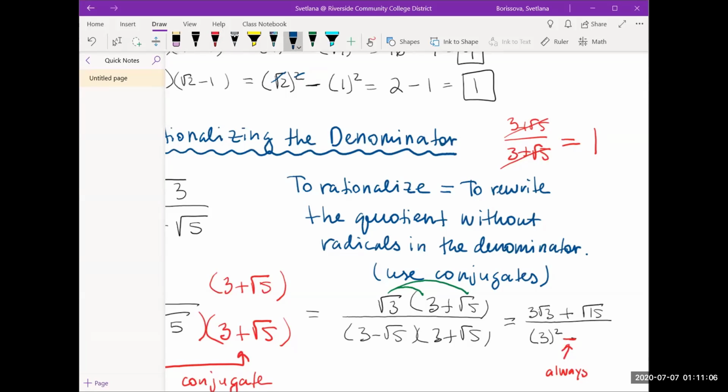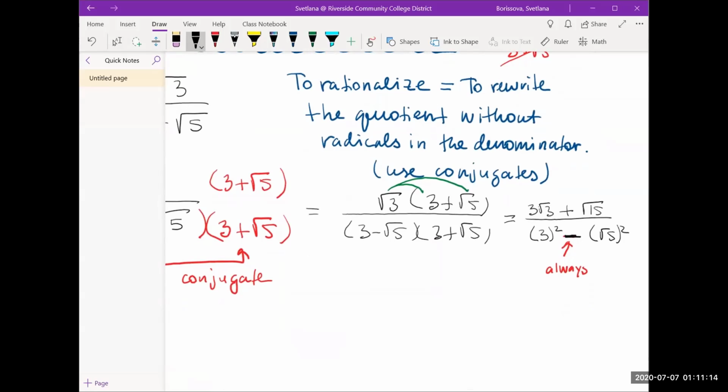The second term is square root of 5 squared. So that's 3 square root of 3 plus 15 plus square root of 15 in the numerator, and then 3 squared is 9 minus, and the square and square root cancel each other out, and we're left with just 5.